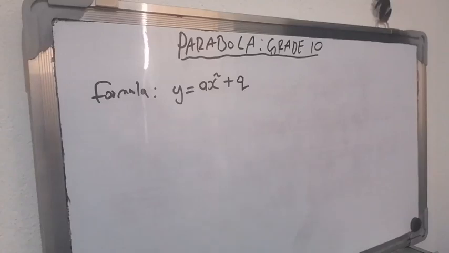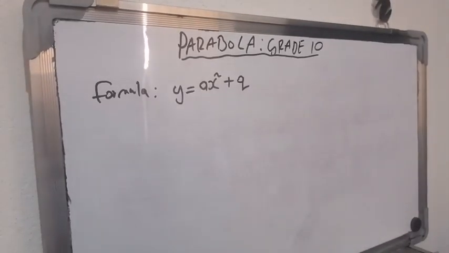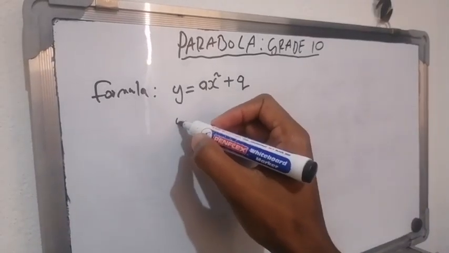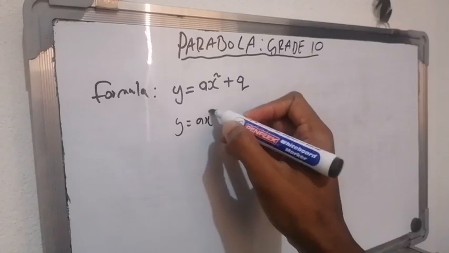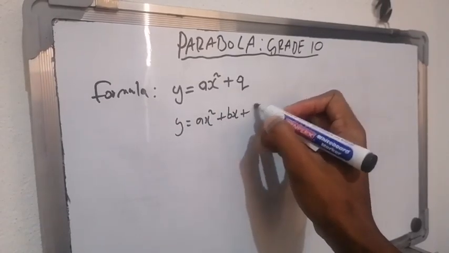This is the first graph that we look into in grade 10, and then in grade 11 it's going to progress into ax squared, then we're just going to add some bx and then c.